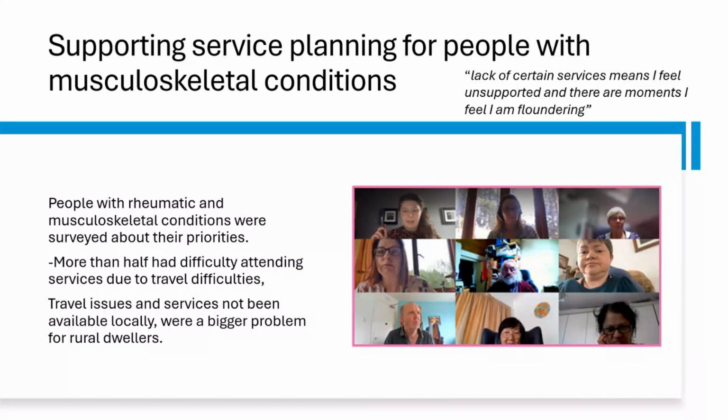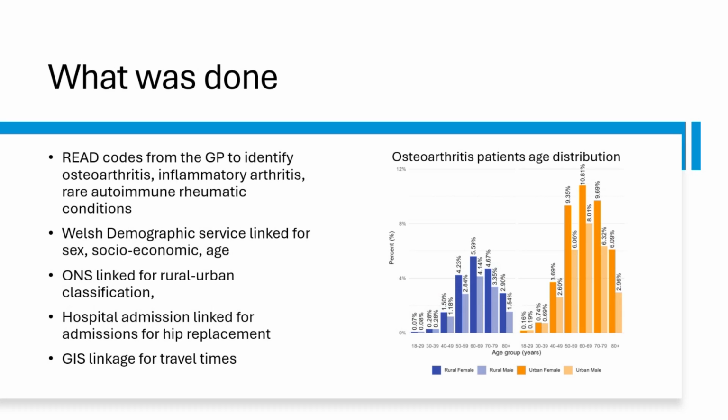An example of how it's been used in musculoskeletal conditions is a Nuffield study looking at the priorities for people with musculoskeletal conditions, which found that more than half had difficulty attending healthcare services due to travel difficulties. And the travel issues and the services not being available locally was a much bigger problem for people living in rural areas.